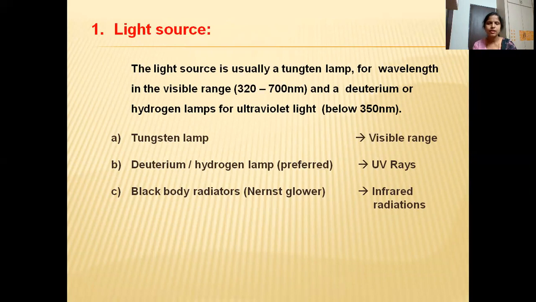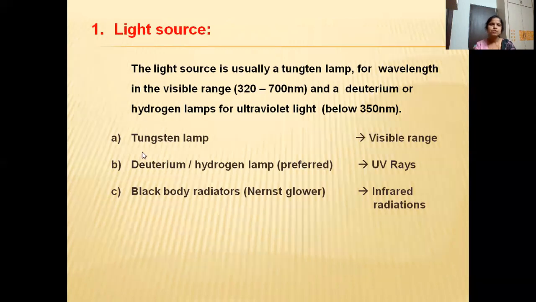The Nernst glower is made up of rare earth oxides, that is, oxides of yttrium and zirconium. When we heat those oxides at about 1500 to 2000 degrees centigrade, they emit infrared radiations, so they are used to study IR spectra.